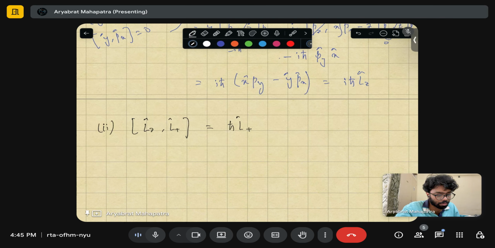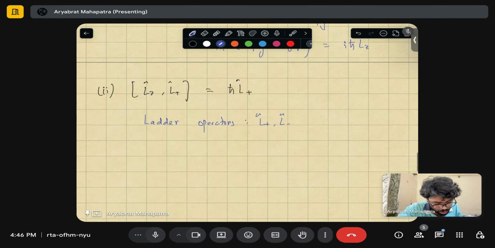They are raising and lowering operators, or rather, they are called ladder operators, with the same purpose as in the harmonic oscillator. So the ladder operators are L plus and L minus.